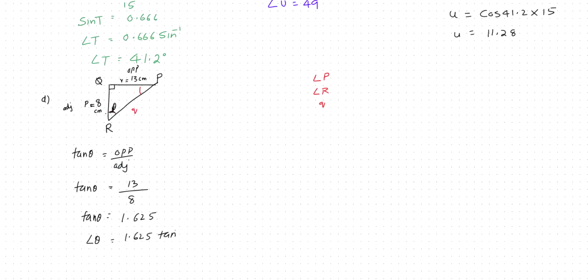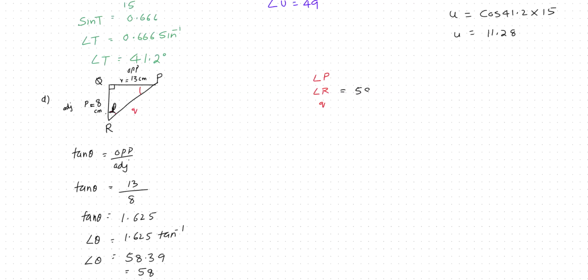So press second function, tan inverse and 1.625. So you will get 58.39. So round it to 58. So angle R is 58 degrees.